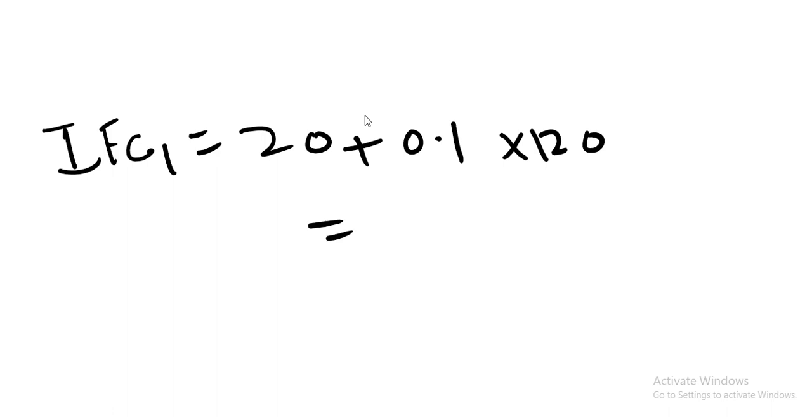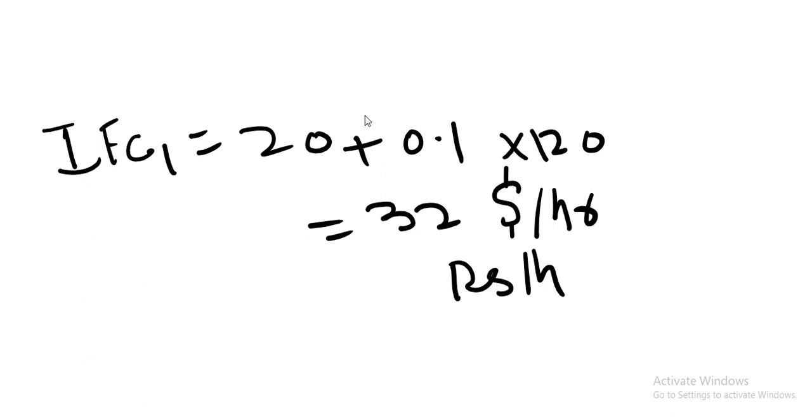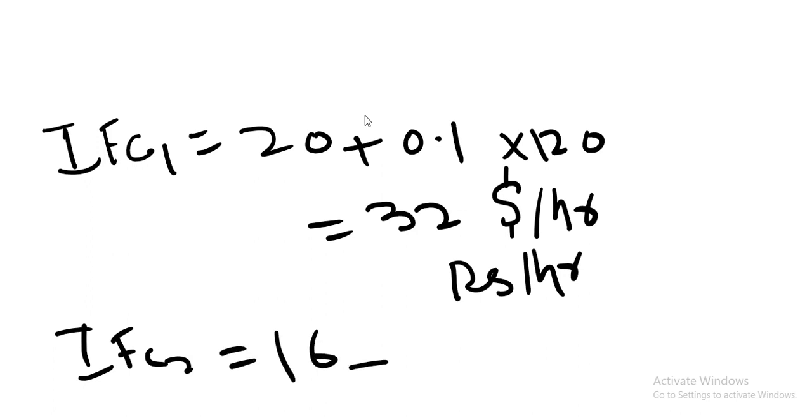Now it can be in dollars per hour or rupees per hour. It will be given in the question in which currency we have to calculate the incremental fuel cost. Similarly, IFC2 will be the same as IFC1. Let's check that. It's 16 plus 0.2 into 80. That's also equal to 32. Thank you.